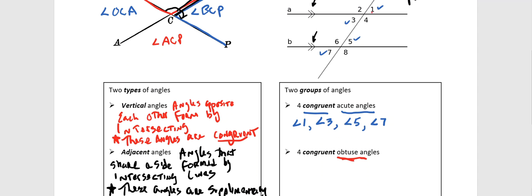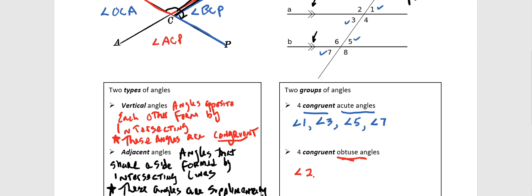Now, notice angle 1, if I start with angle 2, angle 1 is adjacent to angle 2. Notice how we're using the information from the earlier diagram. Angle 1 and angle 2 are adjacent because they share this side right here. So that tells us those angles are supplementary. So one of the obtuse angles, added with one of the acute angles, will always give us a total of 180.